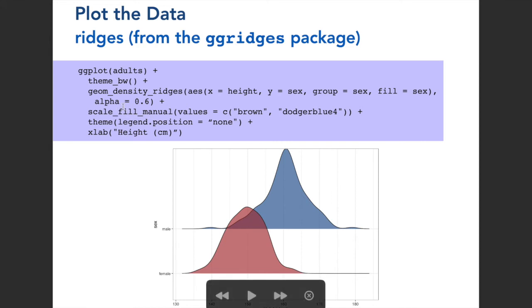We're going to manually change the fill colors, changing them to brown and Dodger Blue 4. By default, ggplot will add a legend anytime we group things and color them by a variable, but our y-axis pretty much contains all the information that we need, so we don't need a legend. And so we get a plot like this, which is a nice way to visualize it.